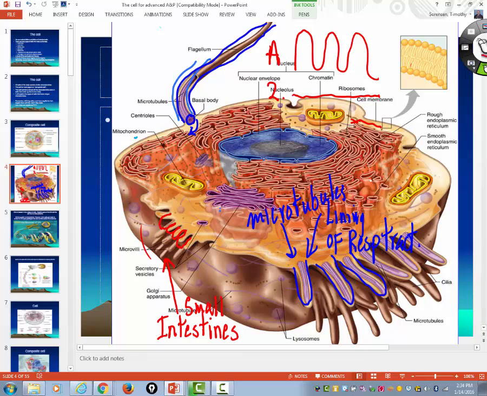Now, remember that proteins, any type of protein, is temperature and pH sensitive. So this is why males have a scrotal sac. Sperm is generated in the testes, and when sperm is generated, you have the flagellum, and it's made of protein.